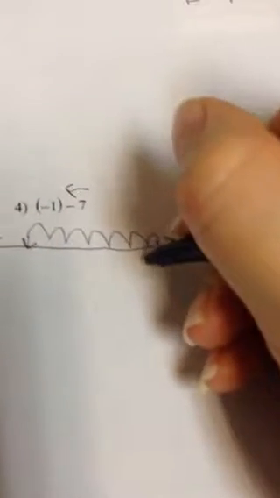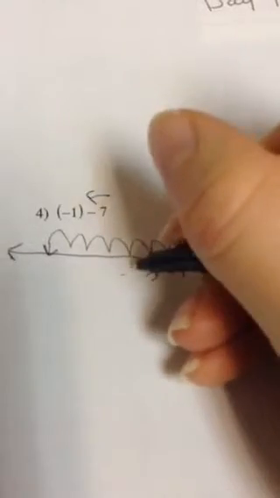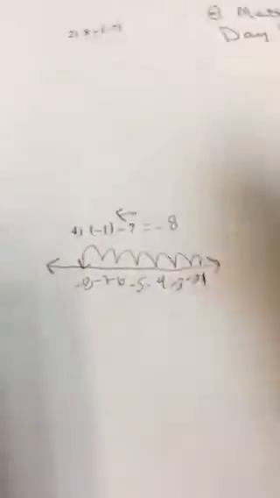So this would be negative 2, negative 3, negative 4, negative 5, negative 6, negative 7, negative 8. Negative 1 minus 7 equals a negative 8.